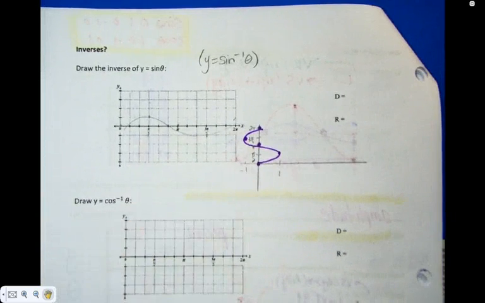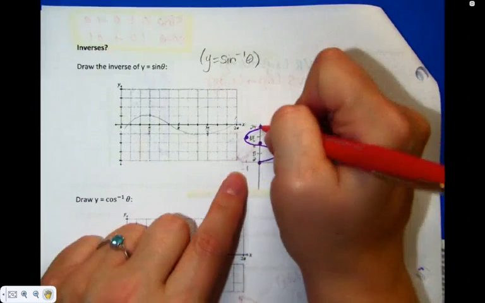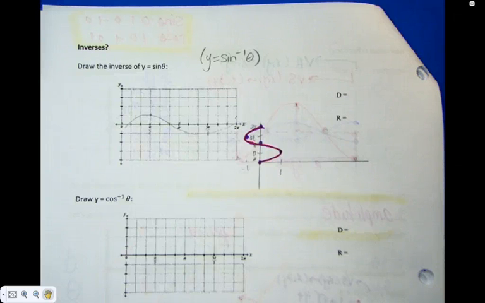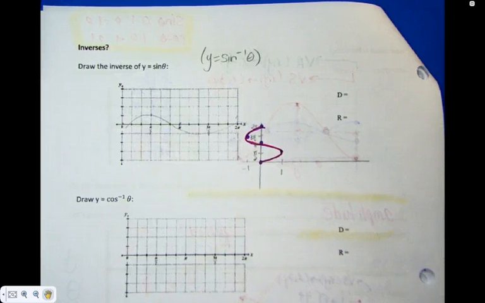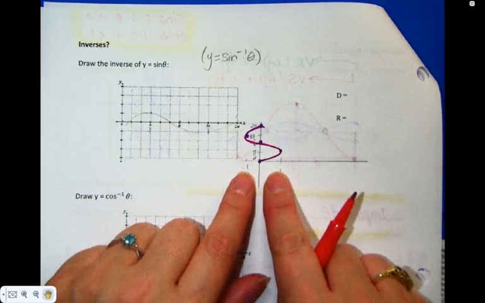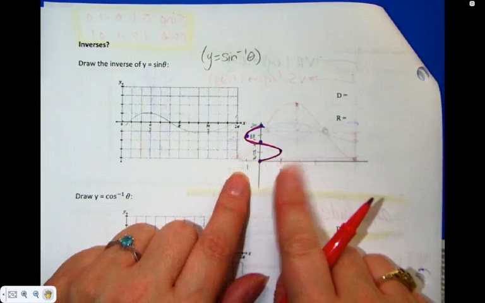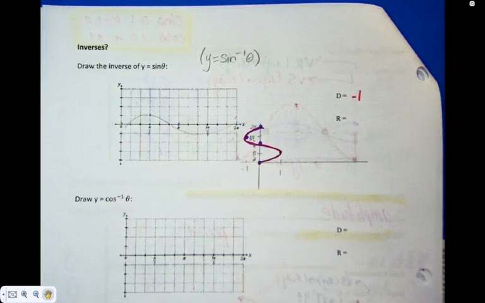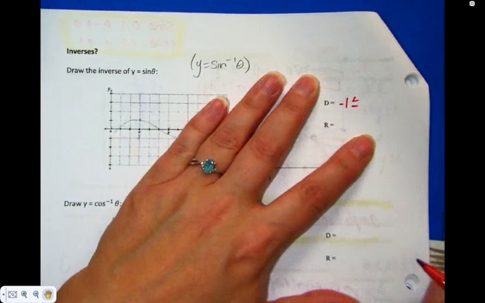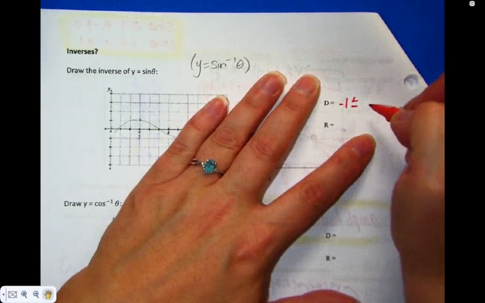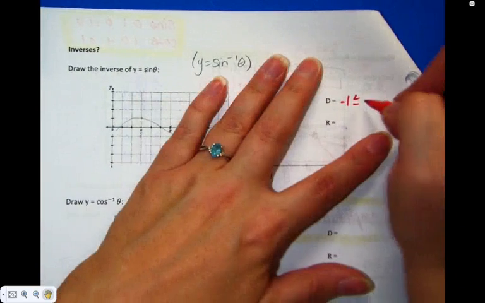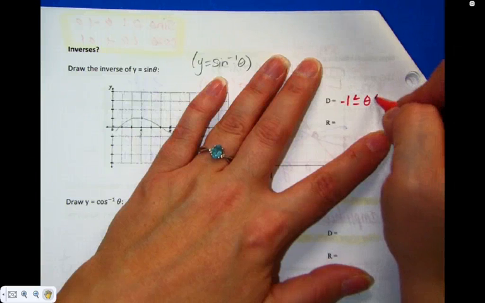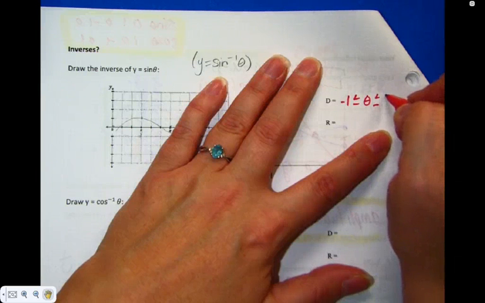Domain of this babe. Okay, domain. -1 less than or equal to, except we don't have an x in the equation, theta, less than or equal to positive 1.